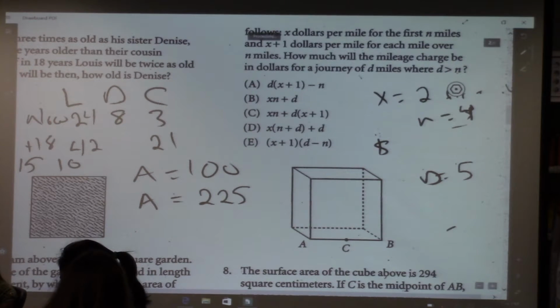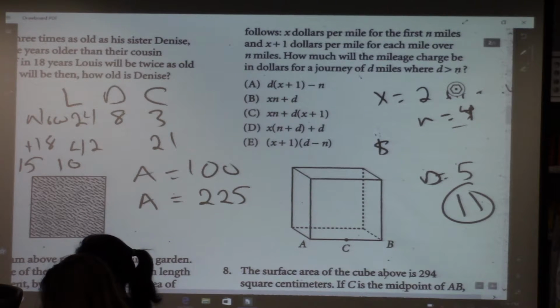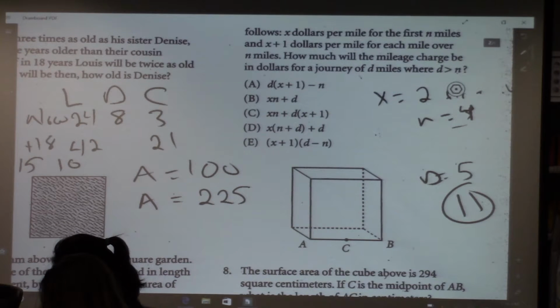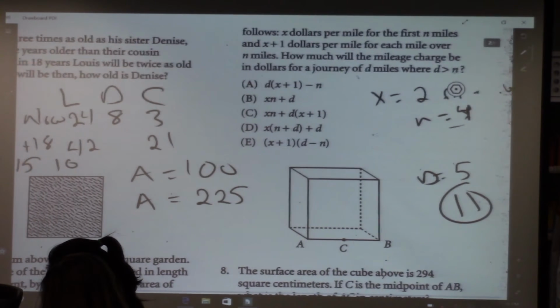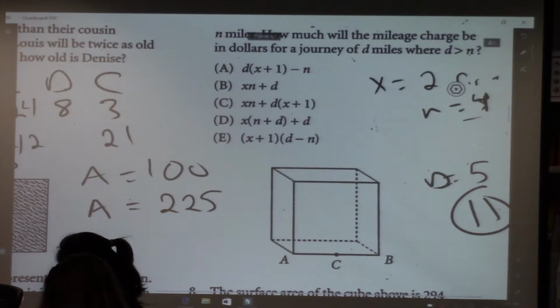Our X was 2, our N was 4 and our D was 5, and ultimately we got 11, which I erased, which I shouldn't have. Getting the hang of it. I'm working on it. You could zoom in more too, give me more room. There you go.